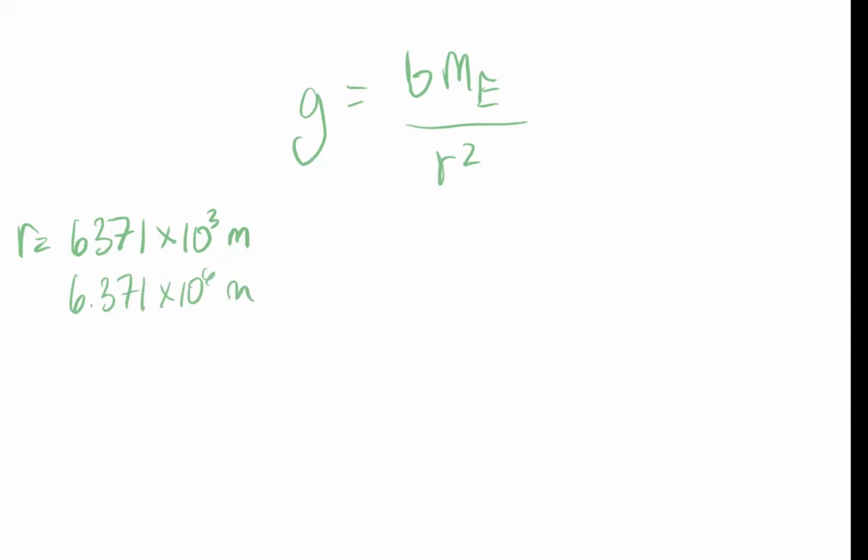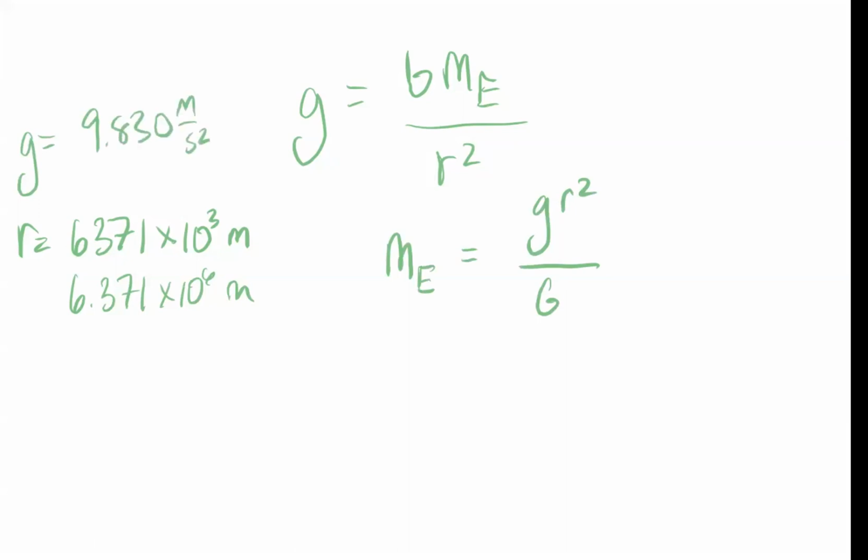We're trying to find M_E, so we cross multiply. The mass of the Earth equals g R squared over big G. They gave us g in the problem to equal 9.83. And we just plug it in.